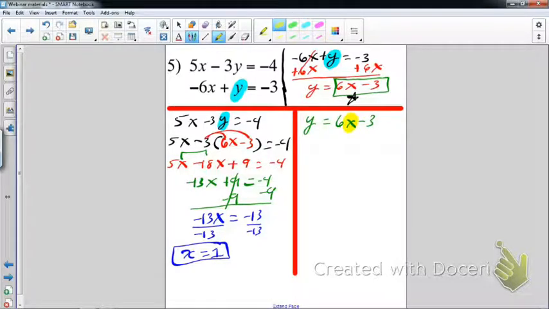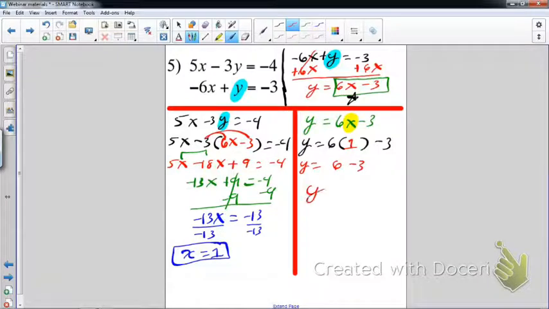I'm going to rewrite it as y is equal to 6, and I'm going to leave parentheses there because that's what I'm going to substitute, and I'm going to substitute 1 because that's what x is. So now I have y is equal to 6 minus 3, so y turns out to be positive 3. So now I can put it as an ordered pair of 1 comma 3.